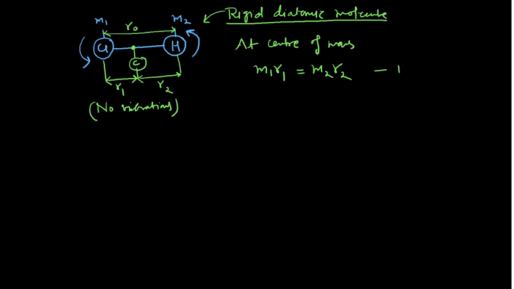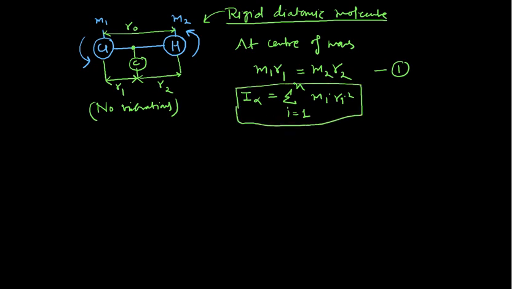If you call this equation number 1, then by definition, you know what I is: the moment of inertia, I, would be the summation, sigma over i equals 1 to n, of mi Ri square. You learned this in my last lecture.